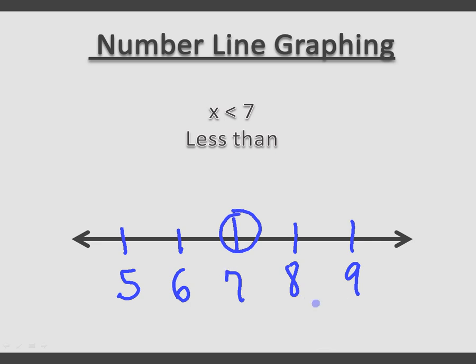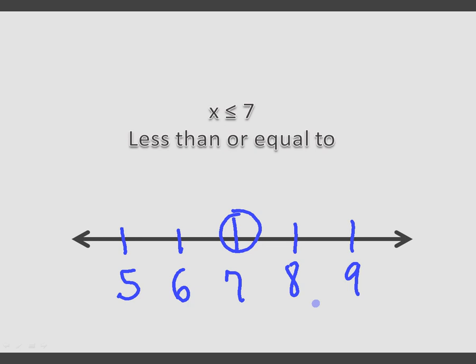So let's go ahead and go to our next example. Alright, what if it did say equal to, had that line underneath that less than sign? So x is less than or equal to 7. Well, this time we would shade in our circle because 7 does equal 7. So 7 is included.